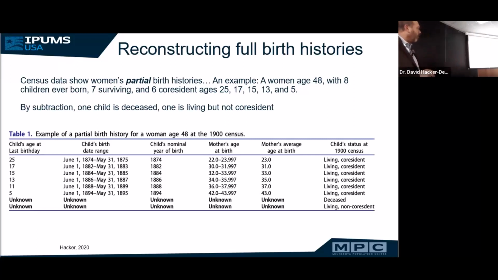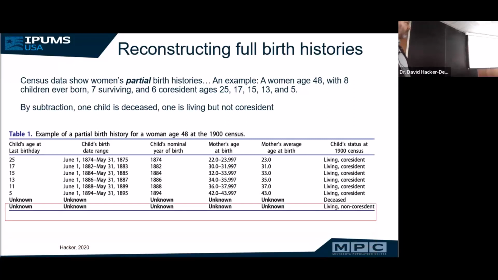The ones we know that are co-resident, we know the mother's age at birth. So we know her partial birth history, if you will, right? We know 6 birth dates of her 8 children, and 2 are unknown, the deceased one and the living non-co-resident child.